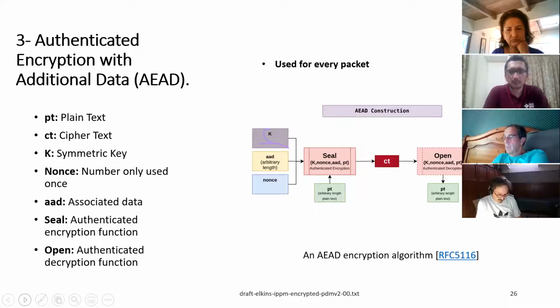And for the nonce, communication is also something both parties can know some other way, or you can transmit it through the ciphertext. So this protocol is already standardized in RFC 5116. Next slide, please.